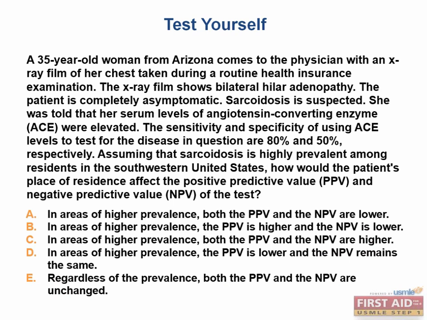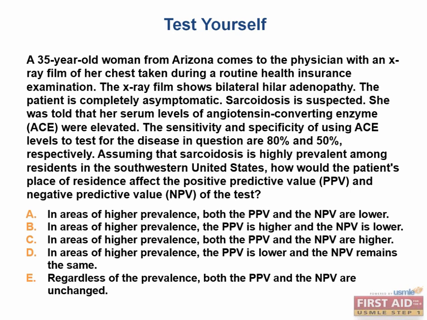A 35-year-old woman from Arizona comes to the physician with an X-ray film of her chest taken during a routine health insurance examination. The X-ray film shows bilateral hilar adenopathy. The patient is completely asymptomatic, and sarcoidosis is suspected. She was told that her serum levels of angiotensin-converting enzyme, ACE, were elevated.